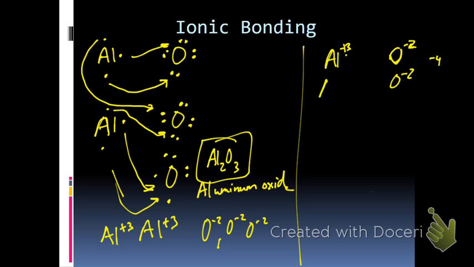It's still not neutralized. So I'll add another, but I can only add in increments of +3, because I can only add more aluminum. So this becomes +6. Add another -2, and this becomes -6. So now I've neutralized it, right? So for every 2 aluminum, I have 3 oxygen. And so ultimately we want to get to being able to do it a little more quickly.